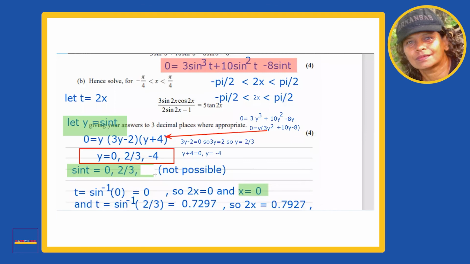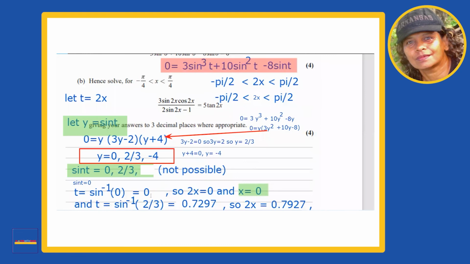Therefore, to find t, either sine of t is equal to 0. If sine of t is equal to 0, then t is equal to sine inverse 0. Sine inverse 0 we know is 0 in the range from minus pi over 2 to pi over 2.